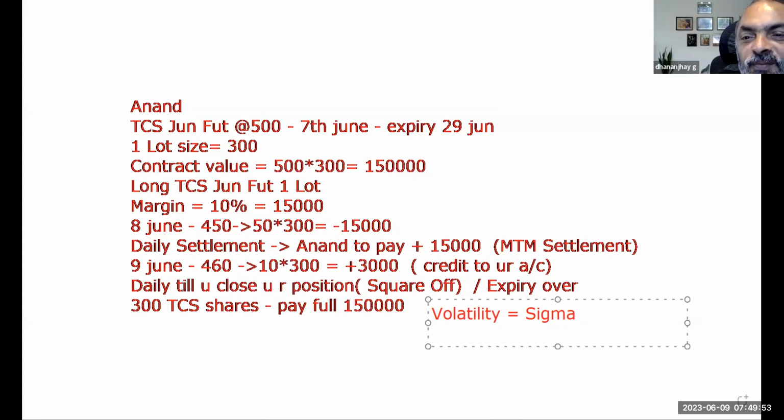Radheshyam, comment on Venkat Krishna's question. Beta is what type of measure? Is it for risk calculation or anything else?